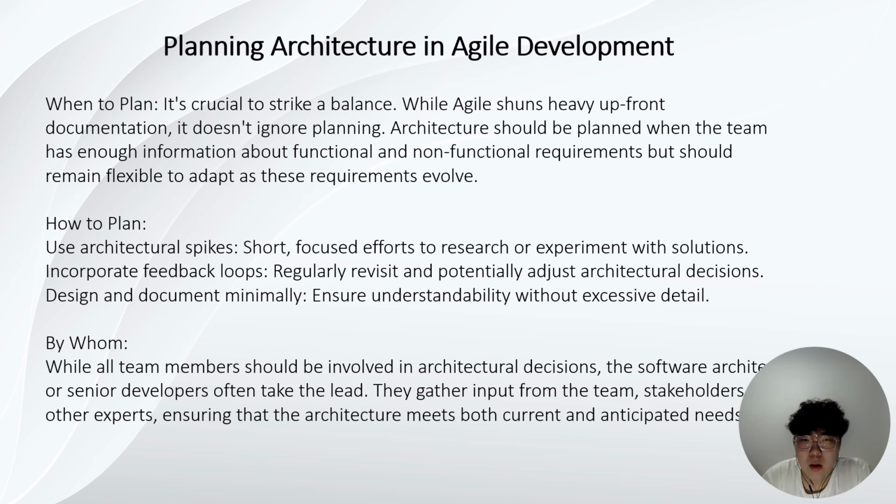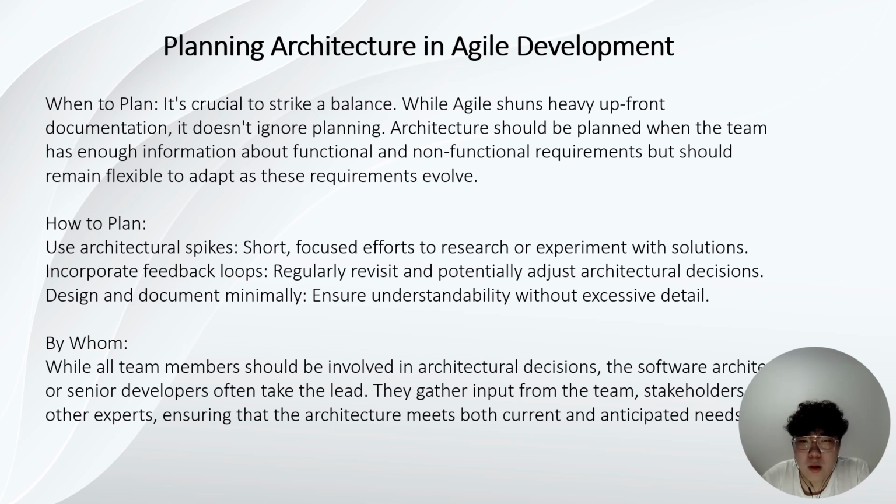How to plan. Use architecture spikes: short, focused efforts to research or experiment with solutions. Incorporate feedback loops, regularly revisit and potentially adjust architecture decisions, and design and document minimally, to ensure understandability without excessive detail.